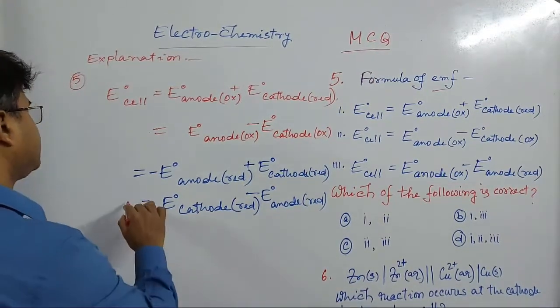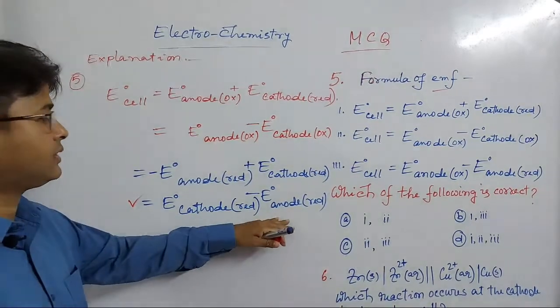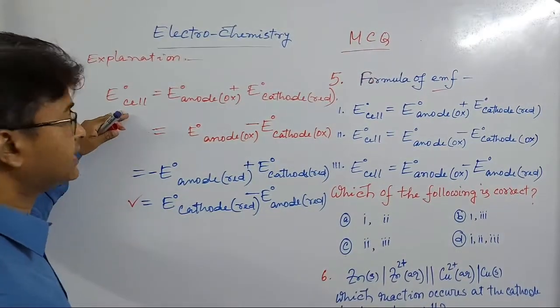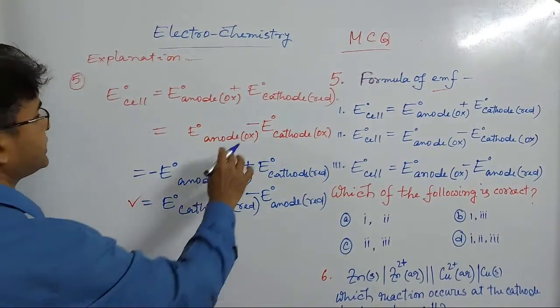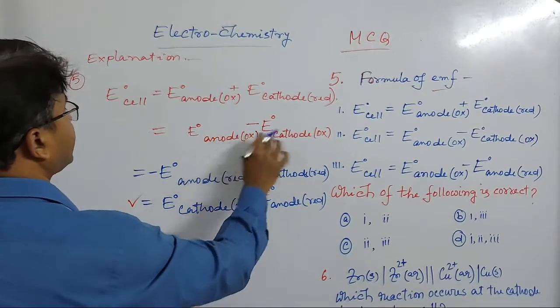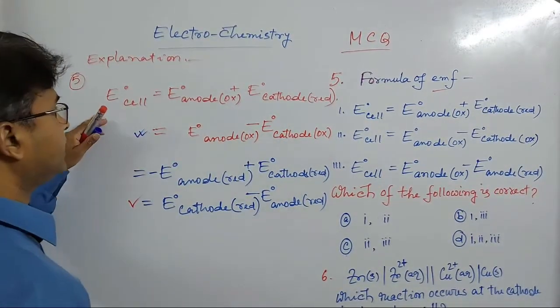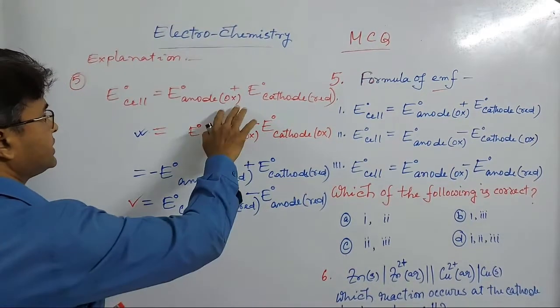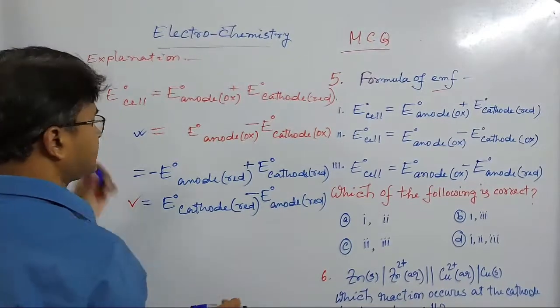First one is the difference of reduction potential between cathode and anode is called cell potential, I mean EMF, and the difference between oxidation potential of both anode and cathode is called cell potential or EMF, and the sum of oxidation potential of anode and reduction potential of cathode is called cell potential.